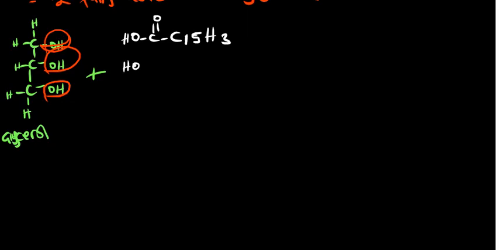So we have another one, HO, here. Then we have C17, then we have H33. So this means that this one has got 18 carbons, then it has got 34 hydrogens, just like this one.